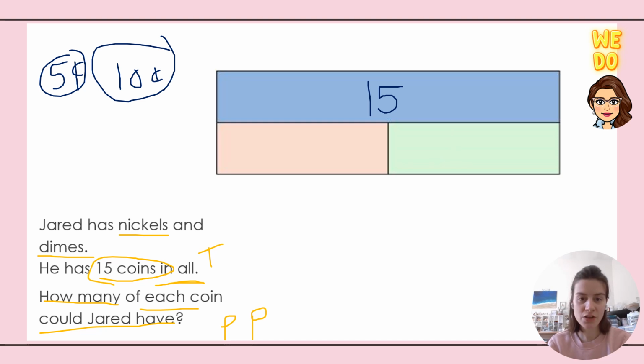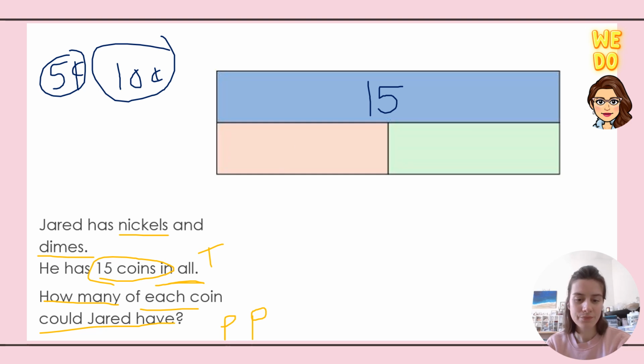Okay, so I could have 1 nickel. I'm trying to reach 15, right? He has 15 coins in all. Jared has nickels and dimes. He has 15 coins in all. So I could have 1 nickel. Sorry, guys. Let me erase that.